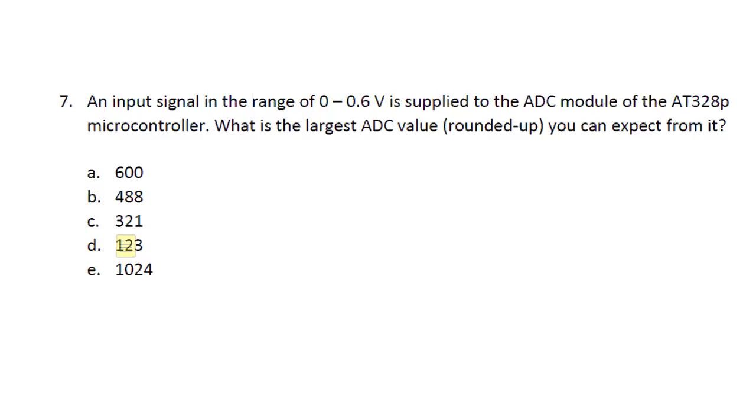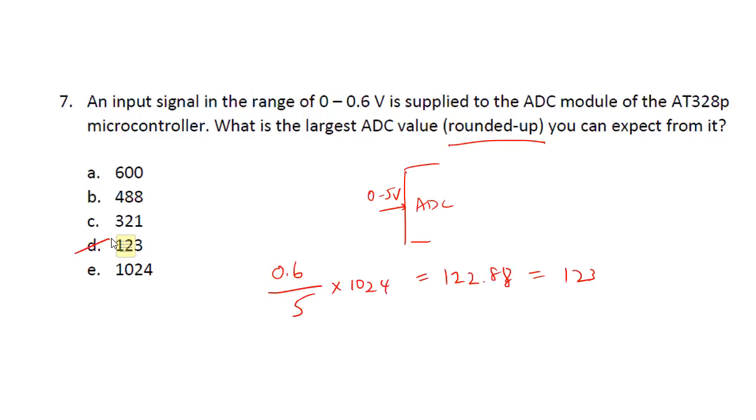The question itself says we will round up the ADC value, so the largest value is 123. That is how you get the answer D, based on the input signal of 0 to 0.6 volts.